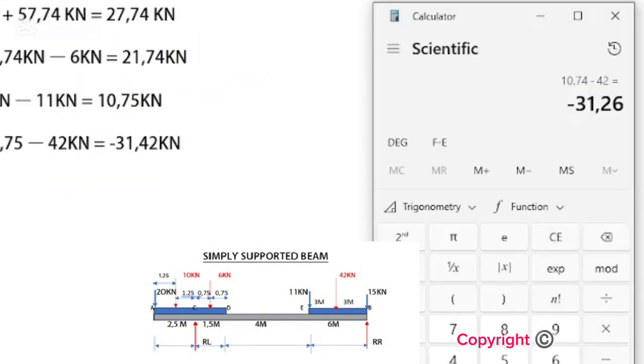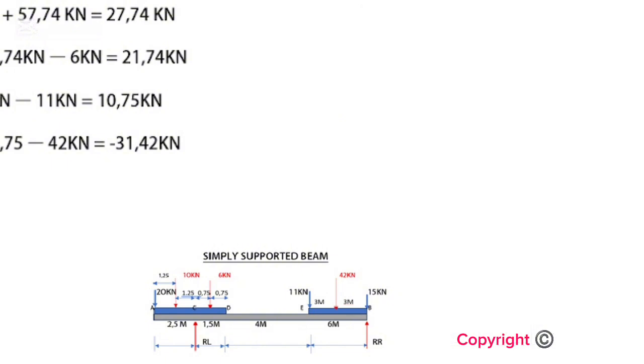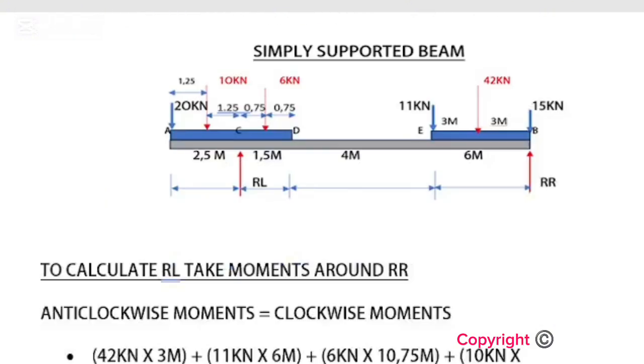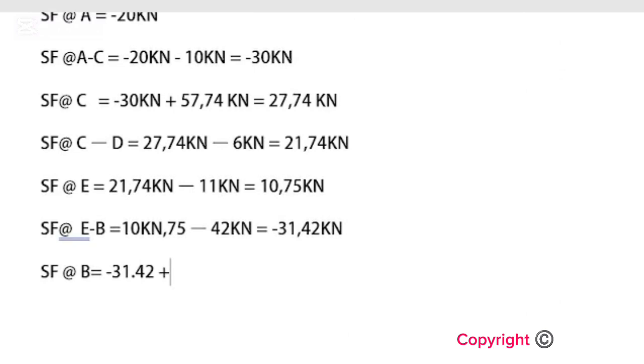It will be like this: minus 31.42, plus, just because that one is positive, plus 46.261.